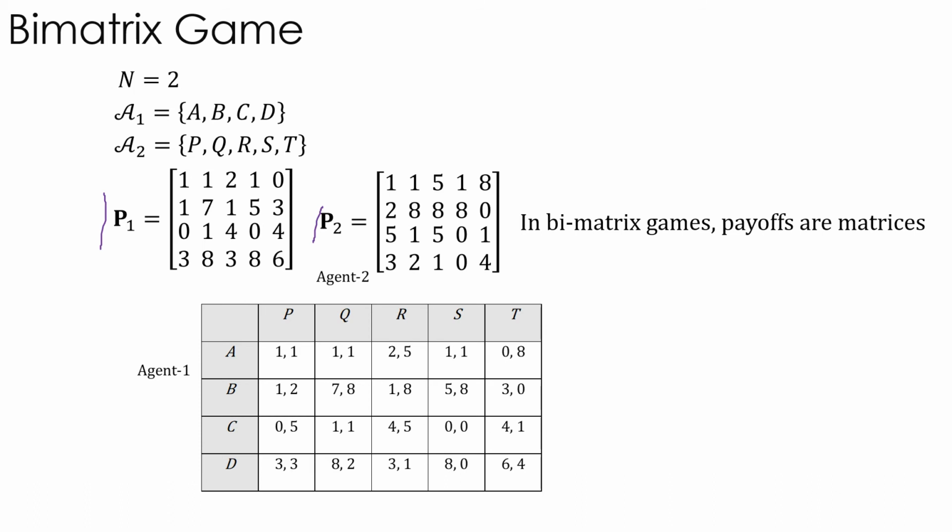P1 consists of the payoffs of agent 1, which are 1, 1, 2, 1, 0, 1, 7, 1, and so on, all the way to the last one, which is 6. And likewise, P2 consists of the payoffs of the other agent, agent 2, 1, 1, 5, 1, 1, 5, all the way to 4, the last one.